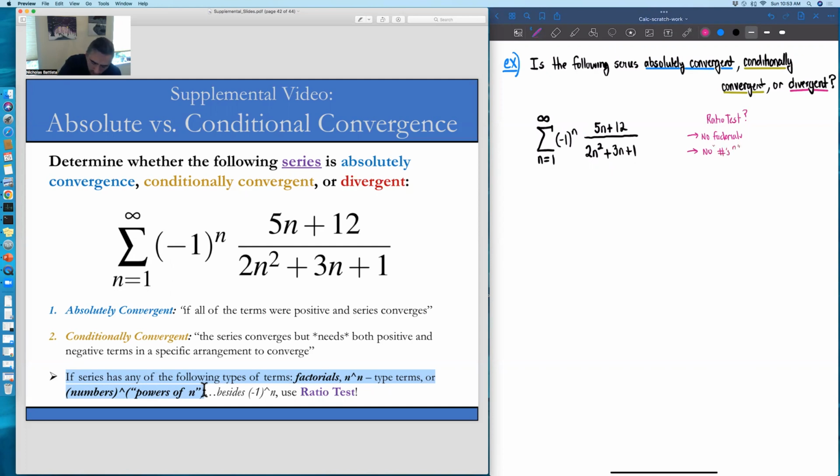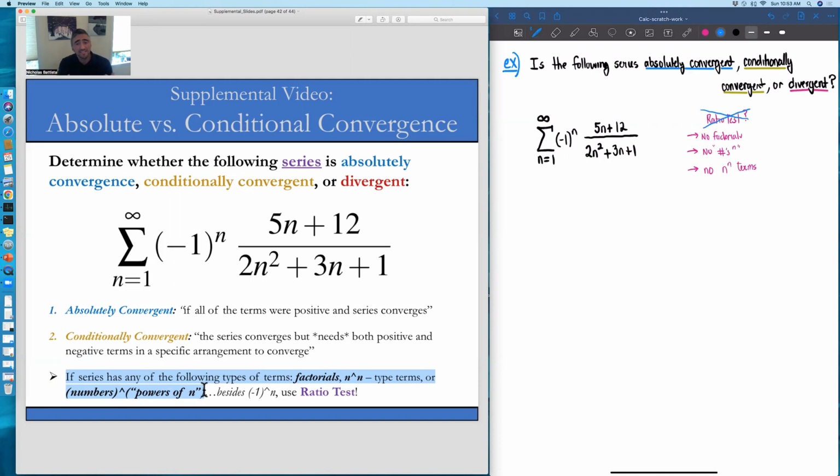The only one we do see is this (-1)^n, but a (-1)^n isn't good enough for us to apply the ratio test. We need something like a 2^n or a (1/3)^n, those types of things. And lastly, we don't see any n^n terms.